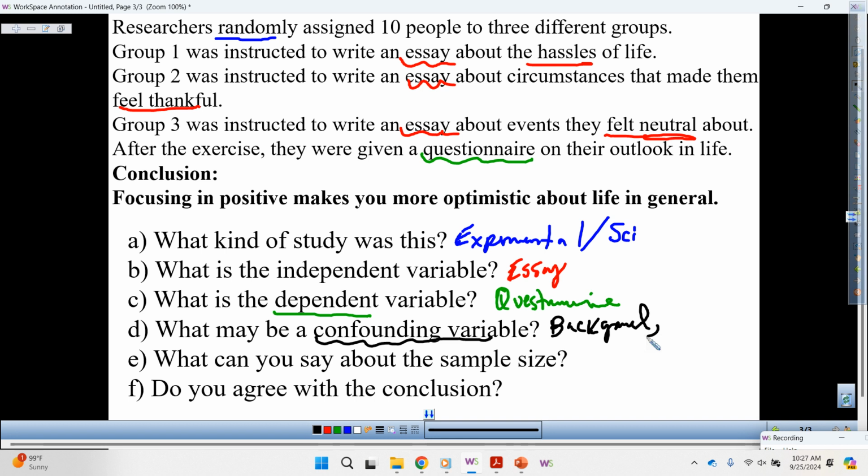What else could be a confounding variable? Austin T. Let me ask you this. If somebody had you write an essay, what would affect the way you respond to the essay, aside from your background? Austin S., what do you think? What's that?